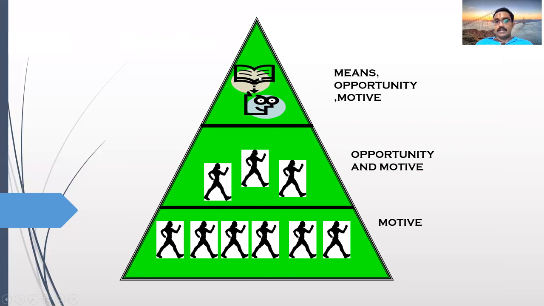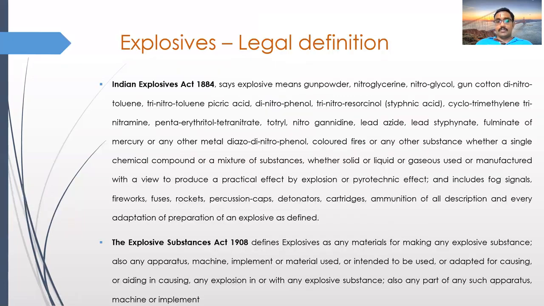So we want to target the person who has the means as well. When a person has the means, that means he's got access to the explosive chemicals, the know-how of making an explosive, etc. So he is able to make that bomb and use that bomb. So we are going to find that person because he has the means. There are some forensic ways to understand who it could be.